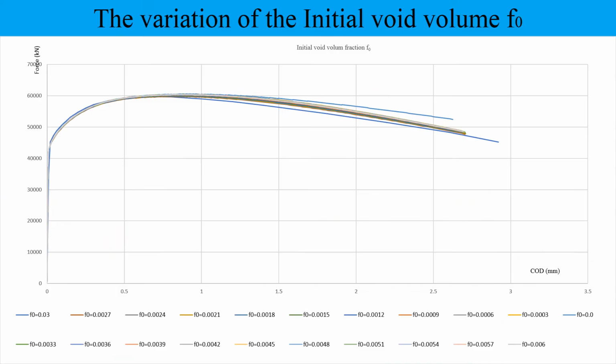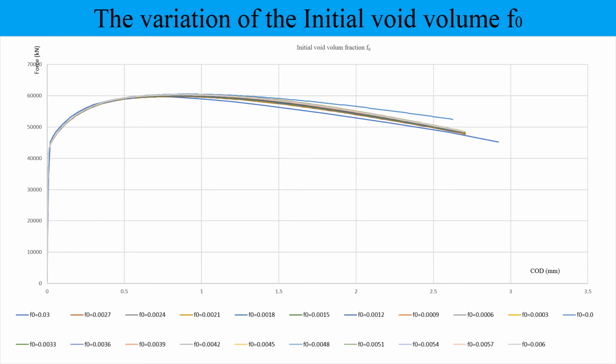I found that there is a slight change when we vary the value of f0, which is the initial void volume. But to be honest, the variation is not very big, though it still affects our results.